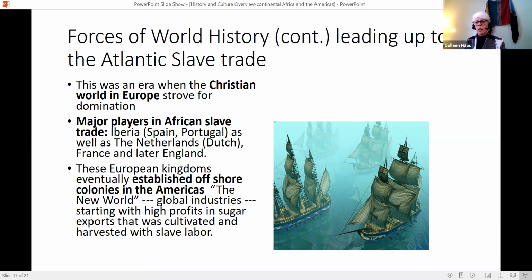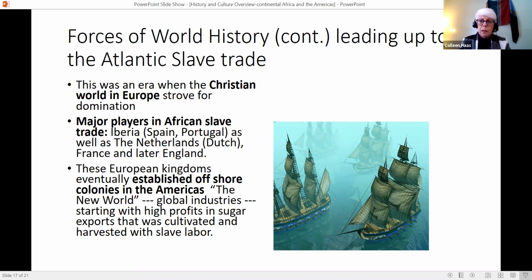You also need to know that Africans did not see lifetime slavery. They did not have that on their continent. They had servants who maybe had a period of 7 years and then they could work their way out of that role in society, especially as they grew older. But this whole notion of being a slave for life was new, and it was established by European settlers in the Americas.